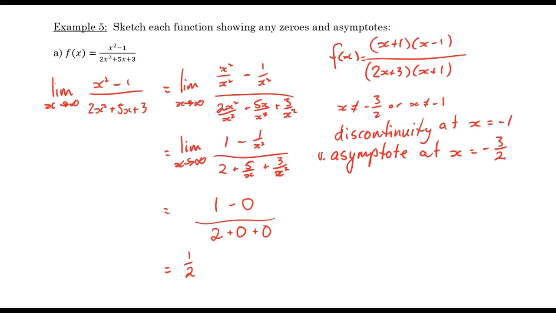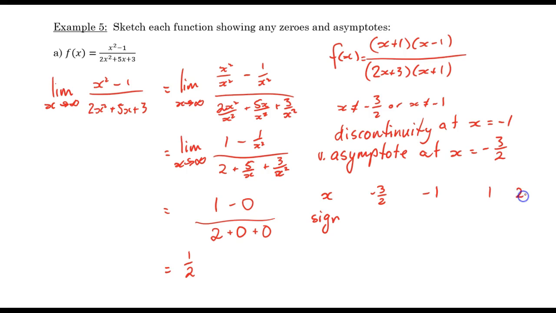Now my important values here are when x equals negative 3 over 2, negative 1, and 1. And I need to choose numbers either side of that.